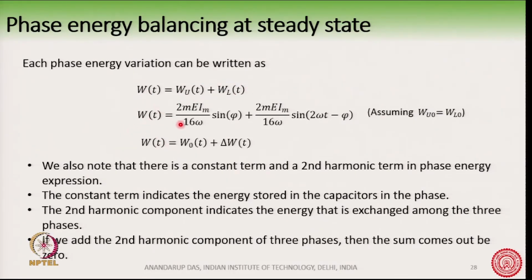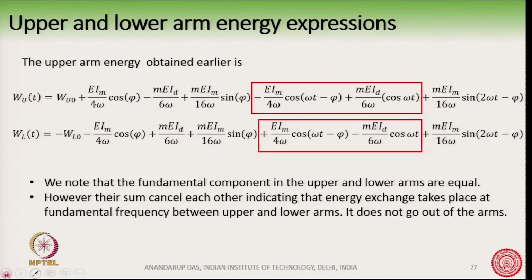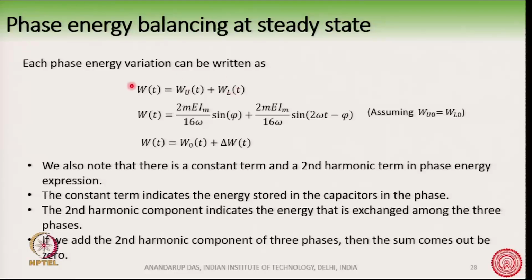If I assume WU0 equal to WL0, that is, the initial arm energies are the same, then when we add these two terms, WU plus WL, we see this expression coming up here, the total arm energy. But this total arm energy has a DC component and a second harmonic component. That is what we have written, W0 and delta W.